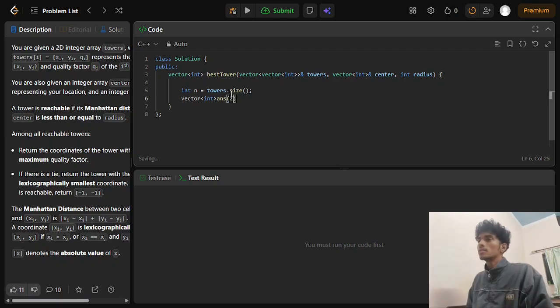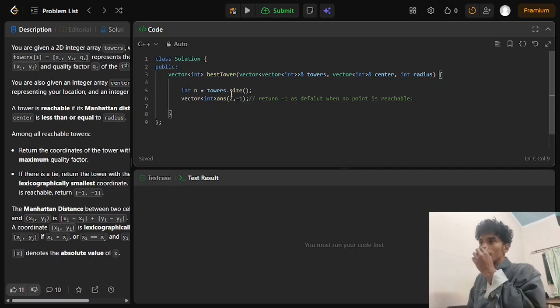It will consist of only two elements, and initially we will be in a default case where no point is reachable, so we will return -1 when no point is reachable.